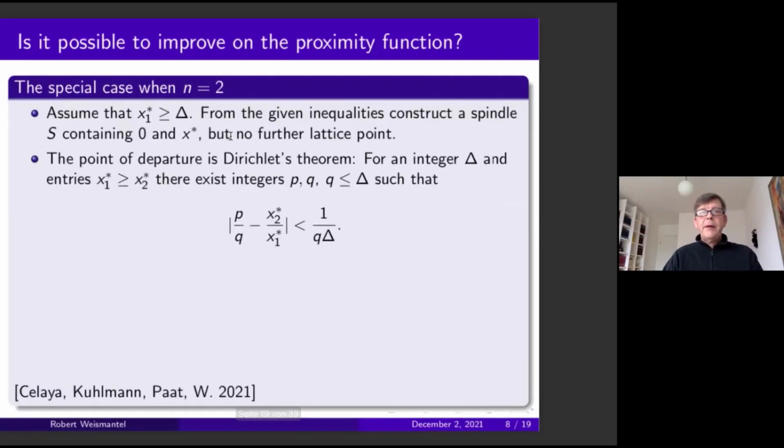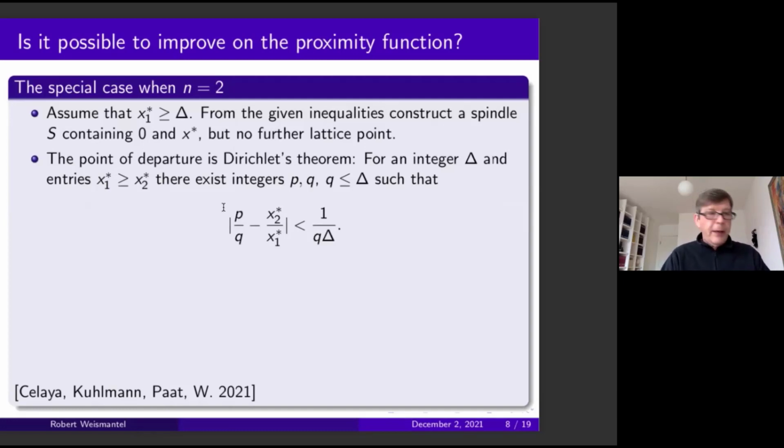Now we take one of my favorite theorems, Dirichlet's. Dirichlet's theorem states: when you have an integer delta and the property that x1 star is greater or equal to x2 star, then we can look at the following approximation.